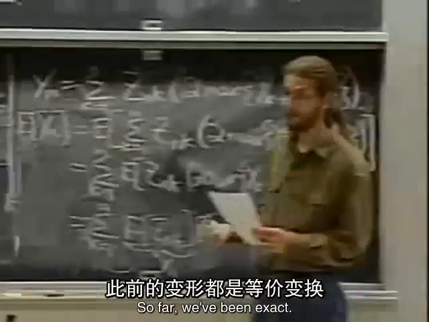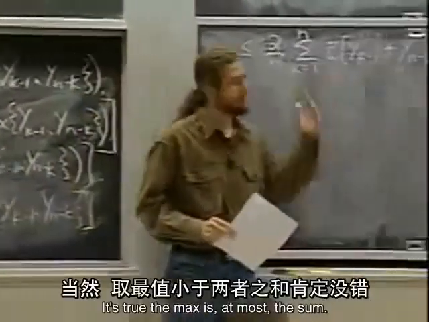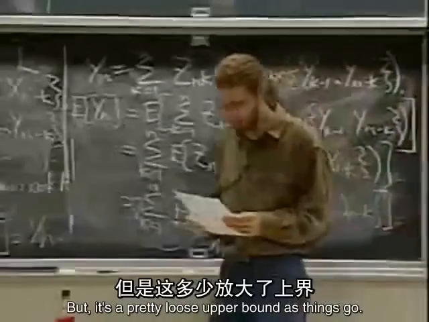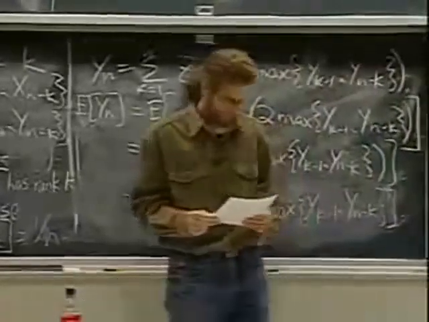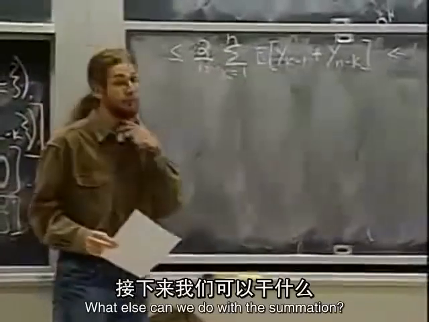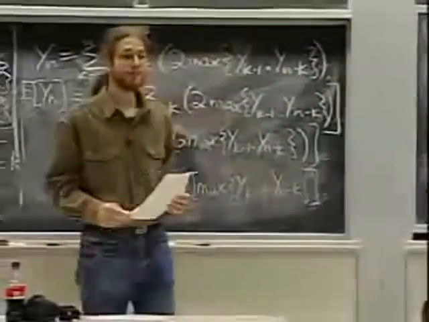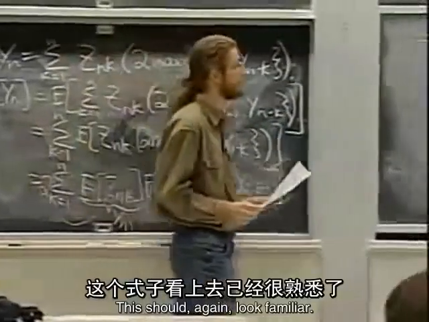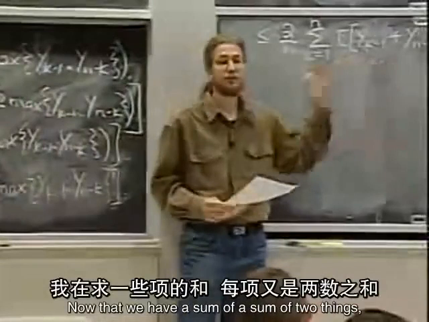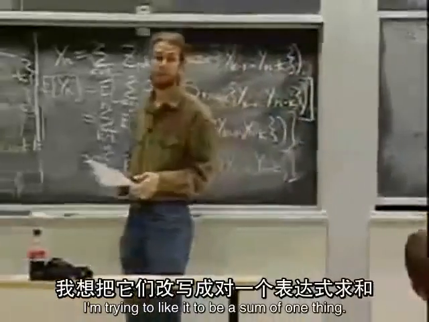So far, we've been exact. Now we're being pretty sloppy. It's true the max is at most the sum, but it's a pretty loose upper bound as things go. Keep that in mind for later. What else can we do with this summation? This should, again, look familiar. Now that we have a sum of two things, I kind of like it to be a sum of one thing.